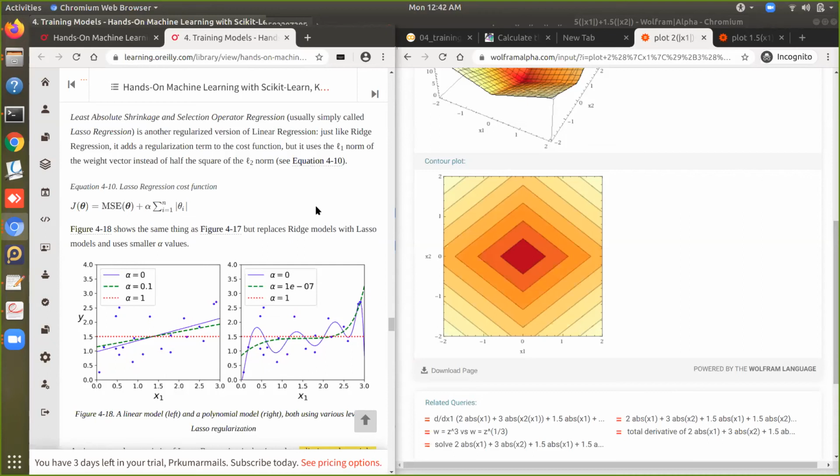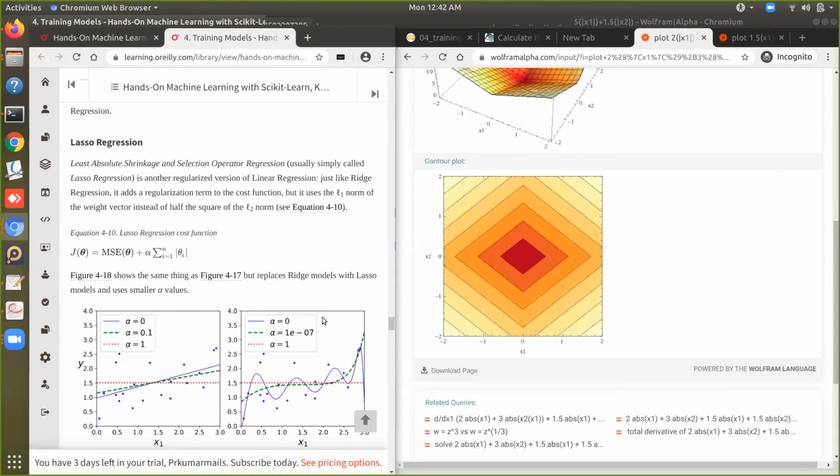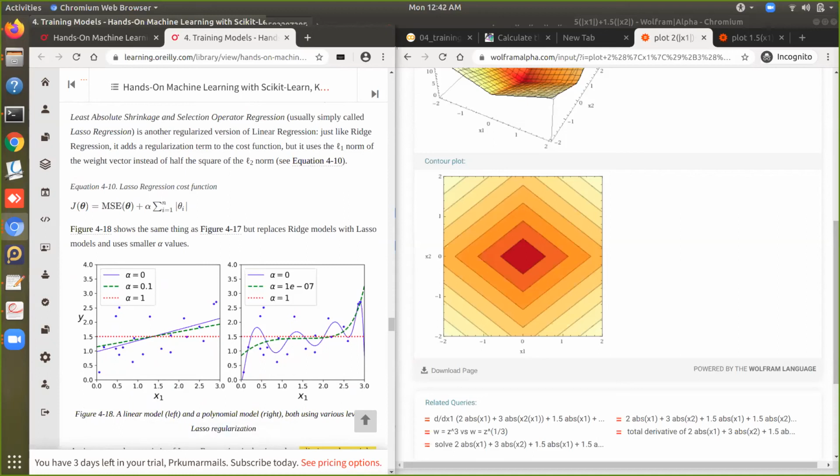The regularization tries to reduce the variance because it gives weight. So in better words, it's paying less attention to the noise.